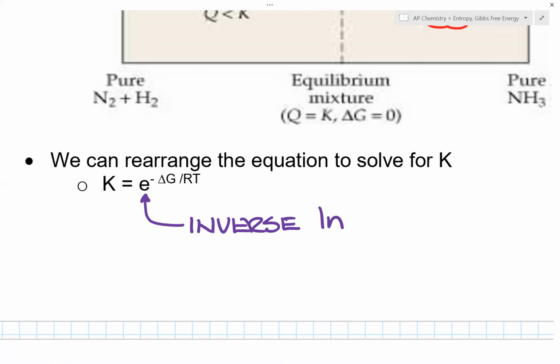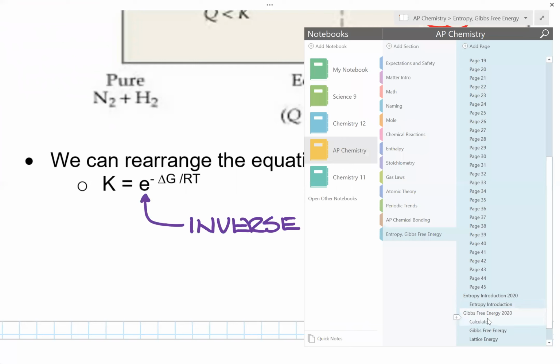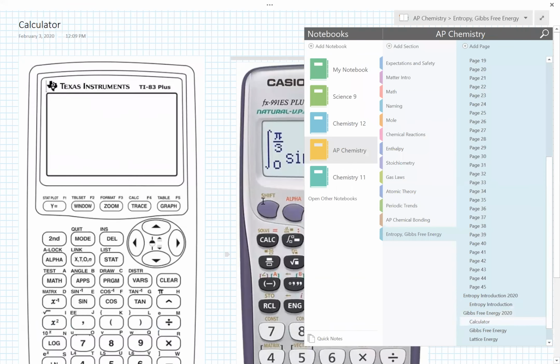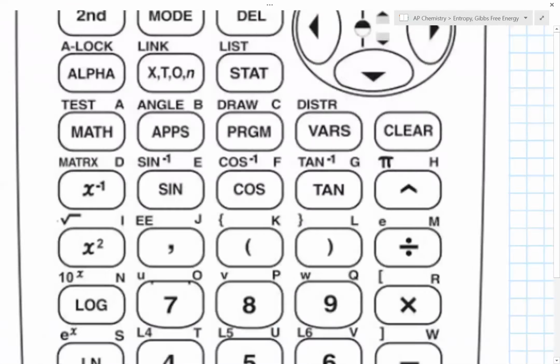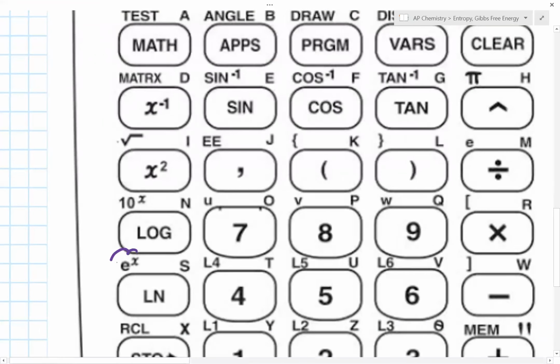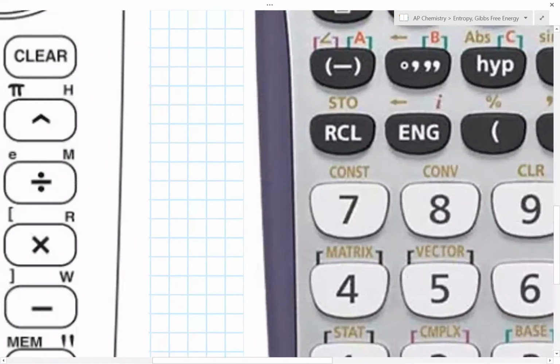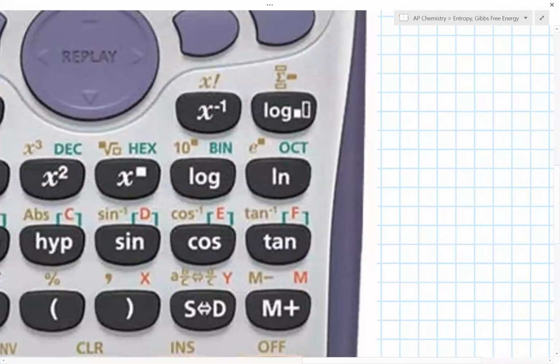Okay? Now, again, we had talked about this before, but you should be familiar with that particular button on your calculator, whether you are using a graphing calculator or just a regular calculator. You should be aware of those buttons.